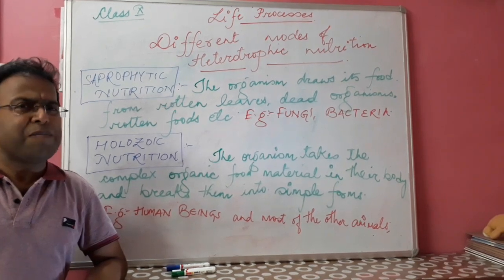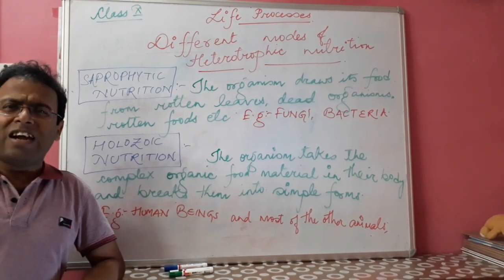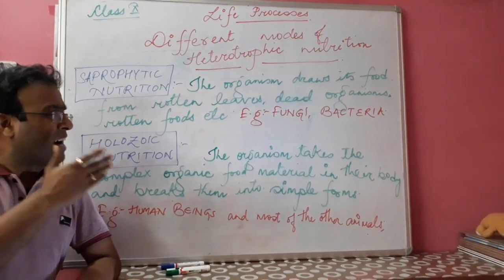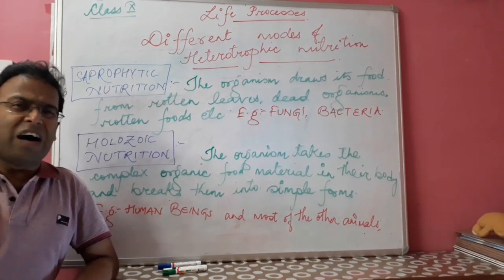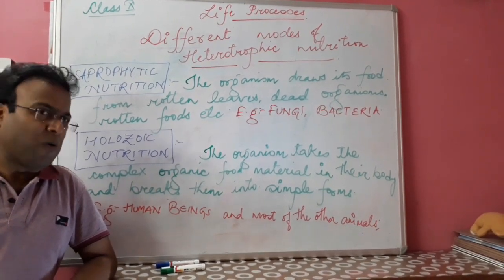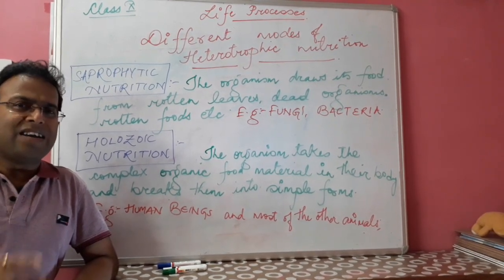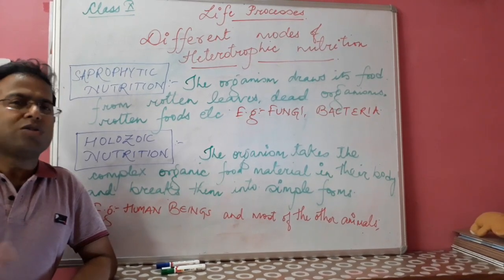Okay. For example, fungi and bacteria. Wherever we see decomposed materials lying, these bacteria and fungi will be growing in those areas and a pungent smell will be coming out from those areas. So you can understand from the scenario that saprophytic nutrition is taking place in those places.